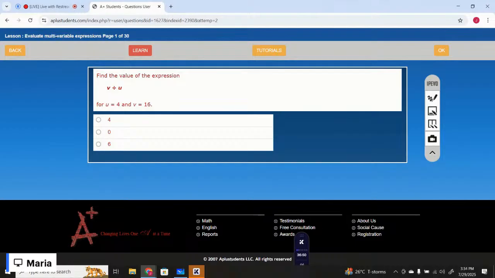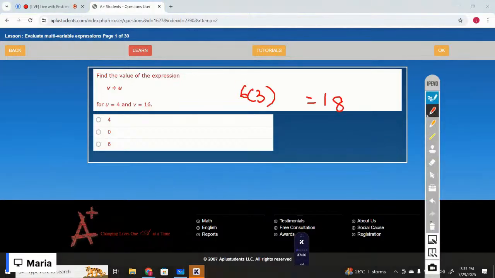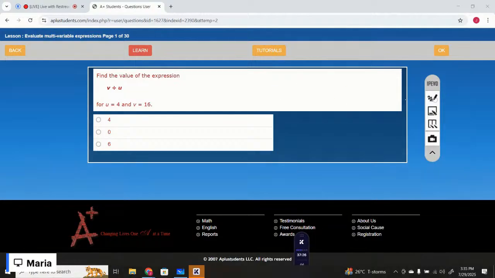So then 16 divided by 4, because v equals 16 and u equals 4. So that would be 16 divided by 4 equals 4. Option number 1 is the correct option, that is 4.